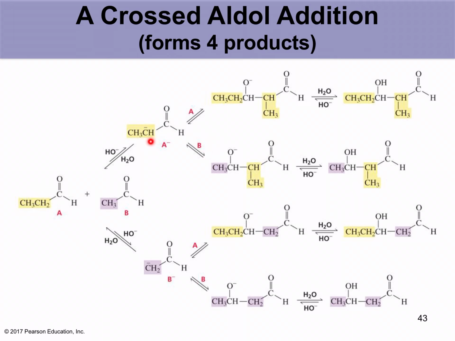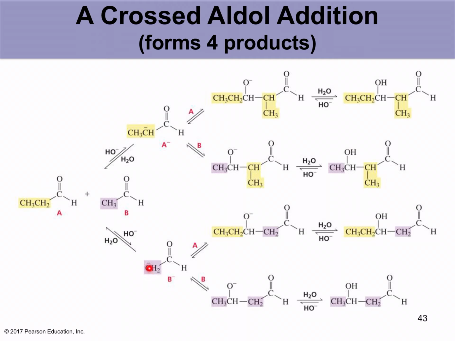And then the same thing, once you form the carbanion, it can react with the B carbonyl carbon. So then you have this part from A and this part from B, and that gives the aldol product. And similarly, if you deprotonate this alpha hydrogen, it's going to form this conjugate base, which is the enolate ion.